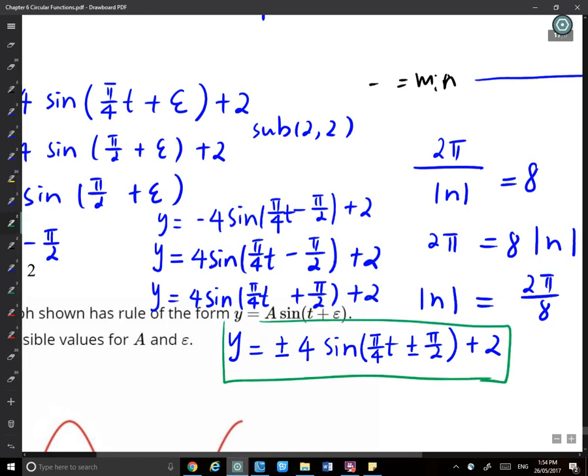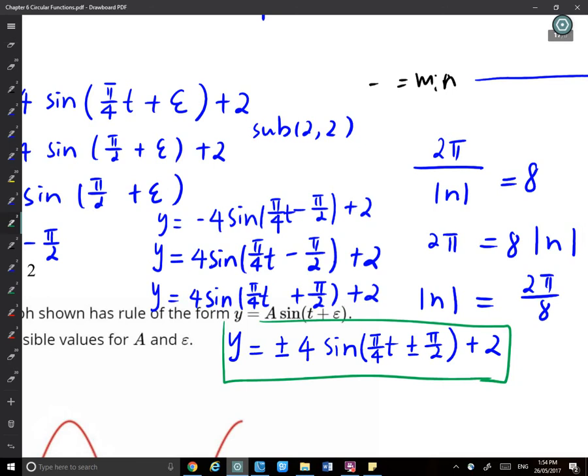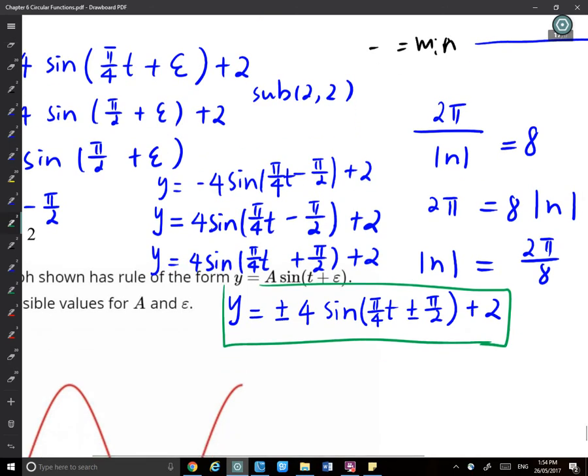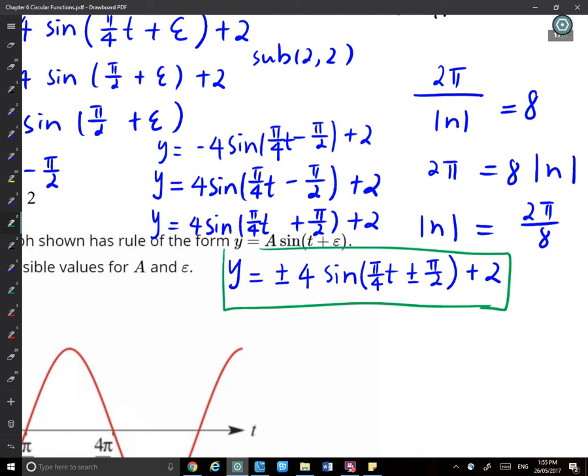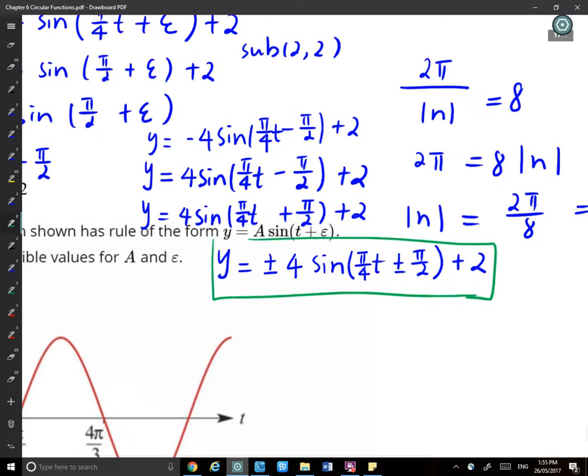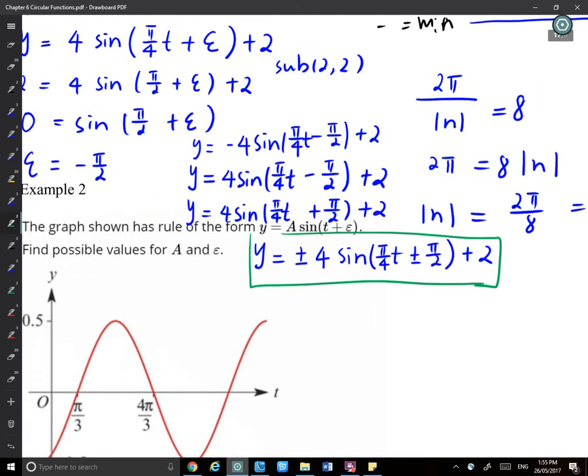I can take positive or negative 4, which doesn't influence that. It will still give you the same max, the same minimum, the same period, and when t equals 2, y equals 2 as well. You can try any combination. You still have more, but I'm not going to show that. You can still have negative pi over 4 inside, which will be a different case.